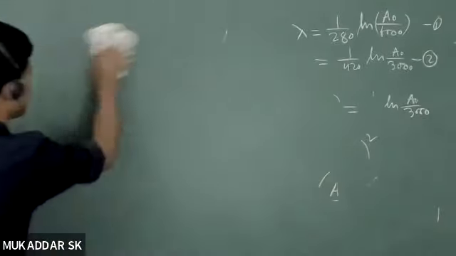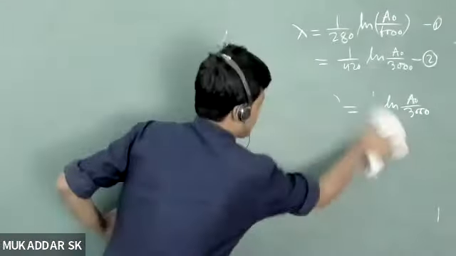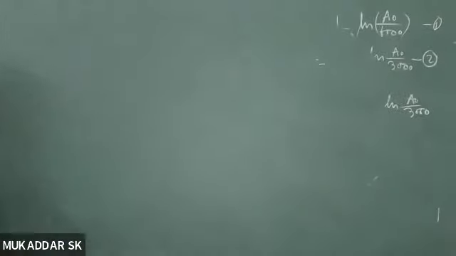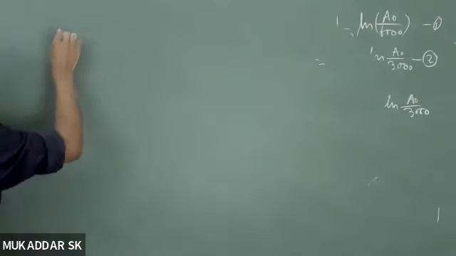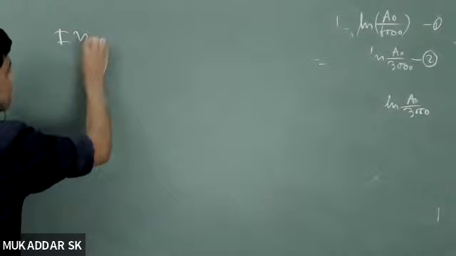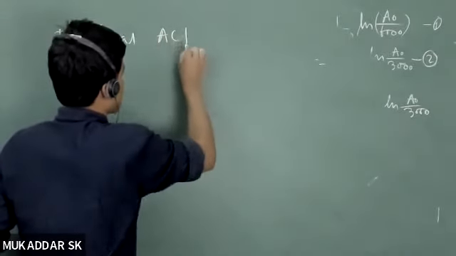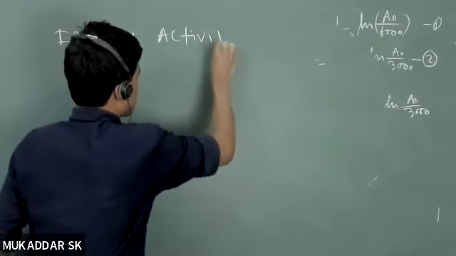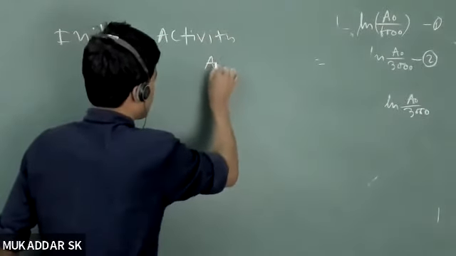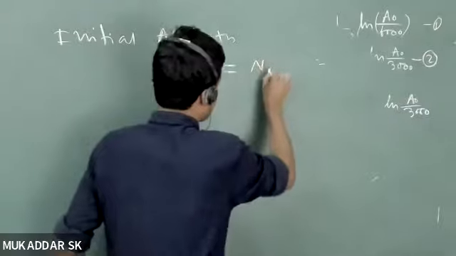So from half-life, you know the initial activity, we have discussed this thing, right? Initial activity means what? That is your A naught, and that is nothing but N naught lambda.